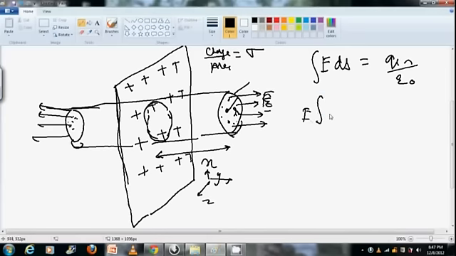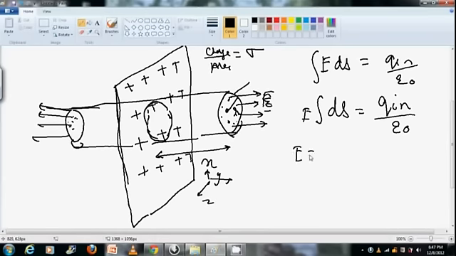So E integration ds should be equal to q in by epsilon naught. Again, what is the ds integration? It is nothing but this area plus this area, the total area of the cylinder where the electric field comes out as flux.